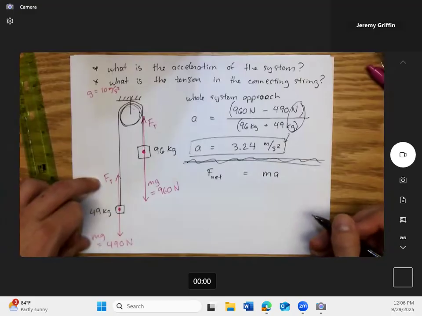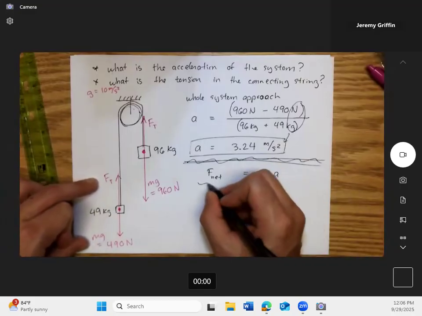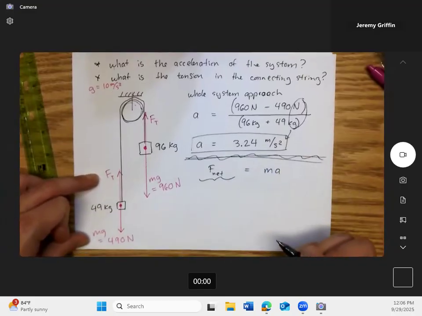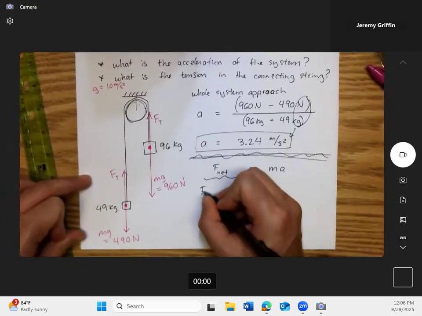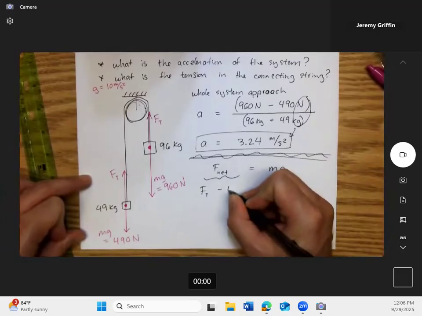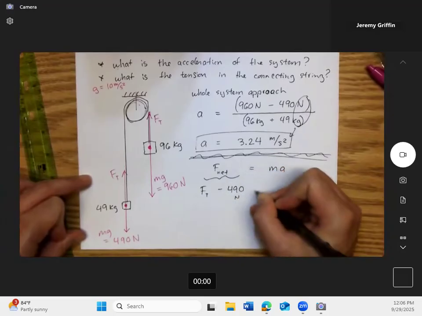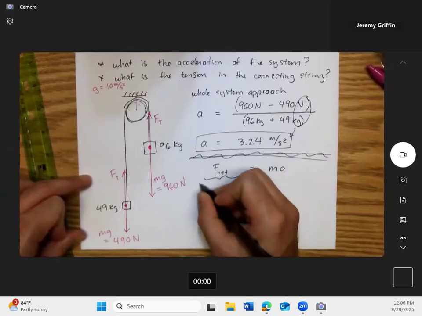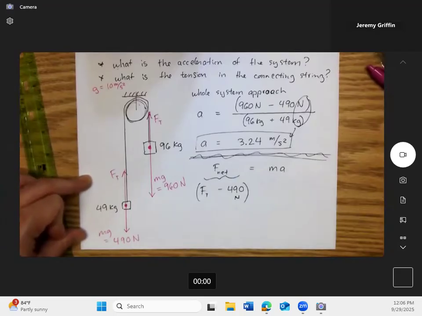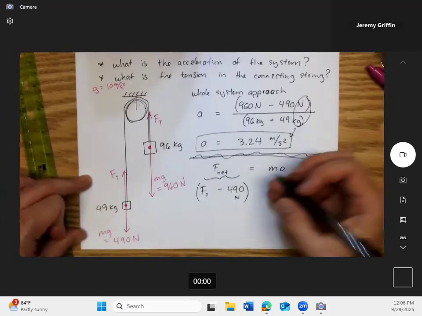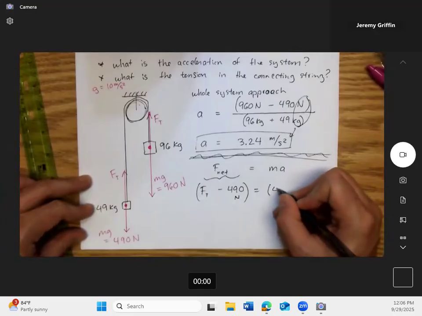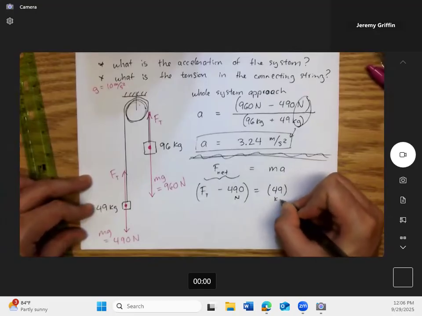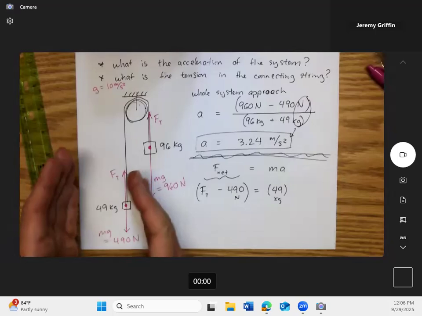In this case, how do you write the net force? The tension pulls up, and the 490 newton weight pulls down. That would be the net force on that block. And that results in how much mass moving? Just the 49 kilograms, because we're only focused on that block.